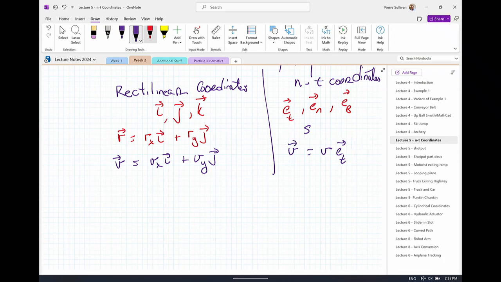Velocity in Cartesian coordinates has two components, v_x, v_y. In nt coordinates, only one term, magnitude of v in the e_t direction.